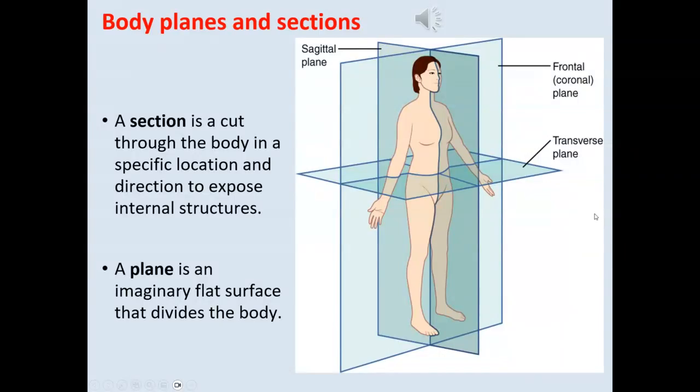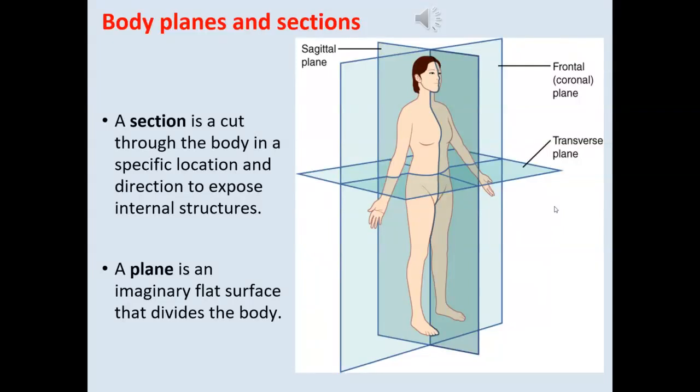So these are different ways that imaginary cuts can be made through a human body so that we can see inside. Many of the diagrams and photographs in our textbook and PowerPoint are these kinds of views. These terms, sagittal, frontal, transverse, indicate the orientation of the cut.